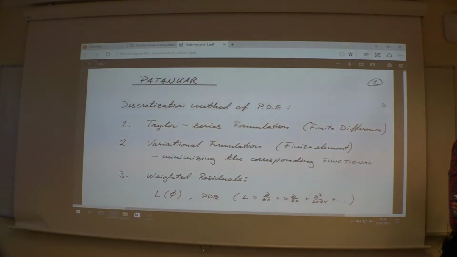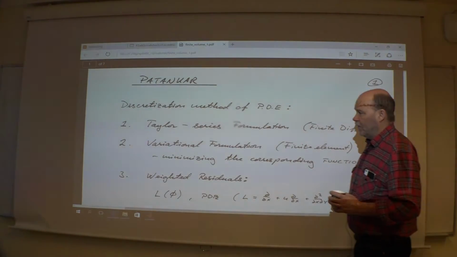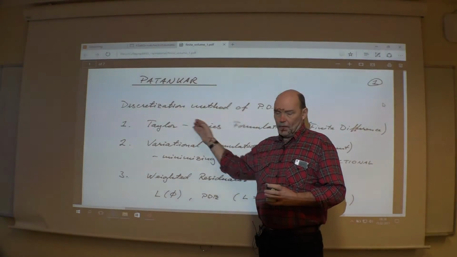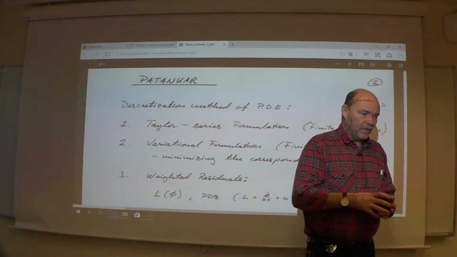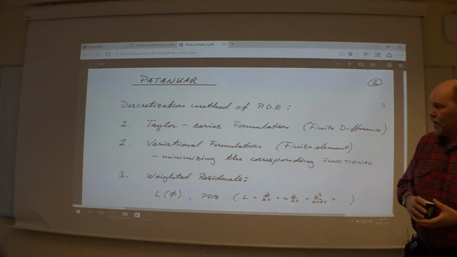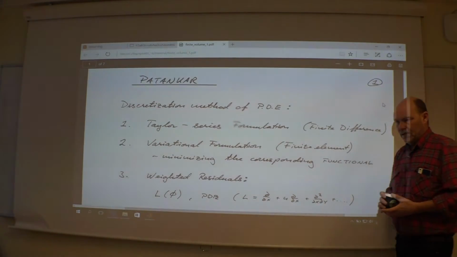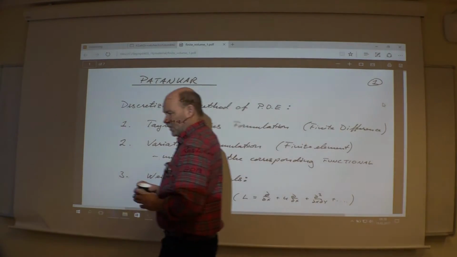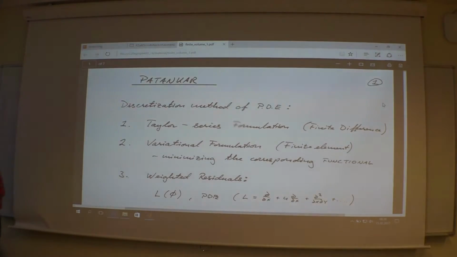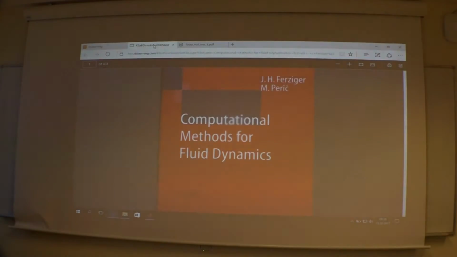So he defined it as follows. Finite difference, everything is based on Taylor series. That's not necessarily true. You can have polynomials, you can set up other schemes not based on Taylor at all. I think we saw it briefly when we looked at the book of Versteeg.